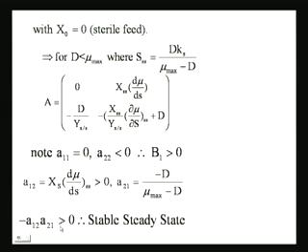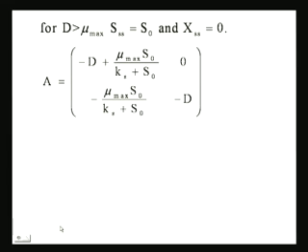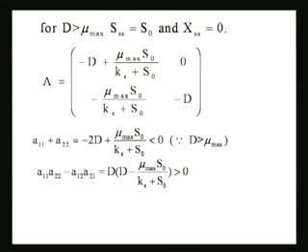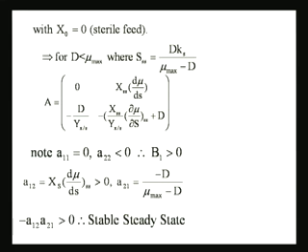I think I haven't written it here clearly. So, basically my criteria for D less than mu max is simply del mu del S times D times XSS times YS greater than 0.